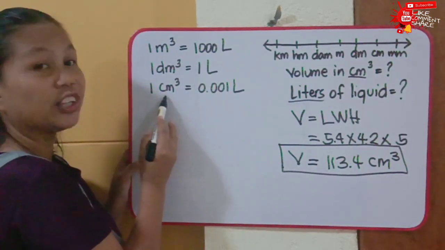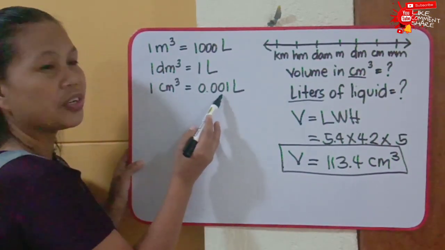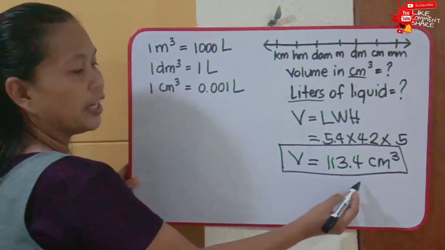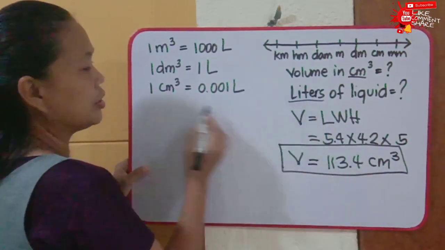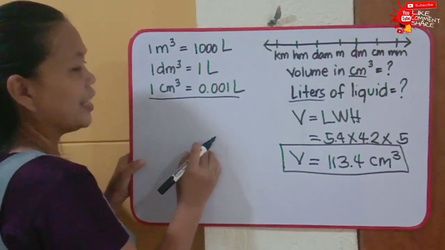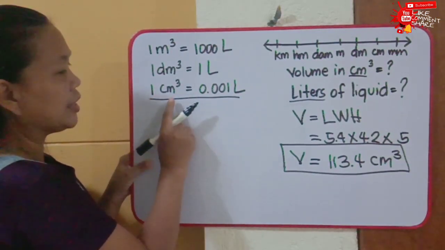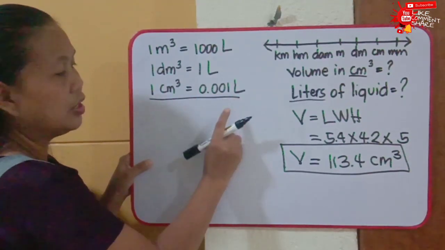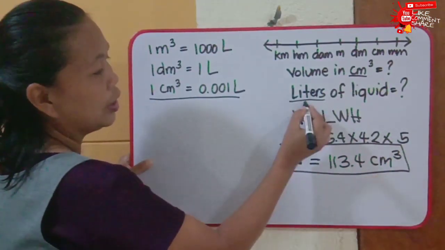Then 1 cubic centimeter is equal to 0.001 liter. Since in our volume we are given cubic centimeter and we change it to liters, we will use this conversion factor: 1 cubic centimeter is equal to 0.001 liter.